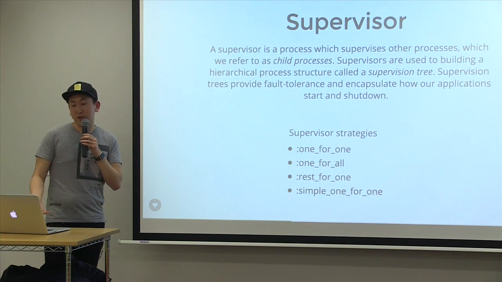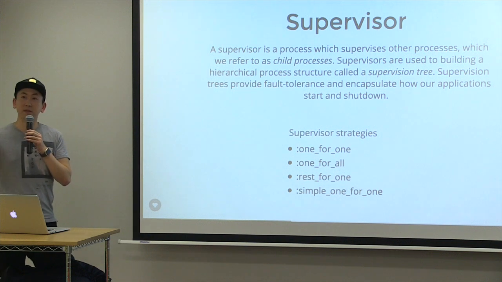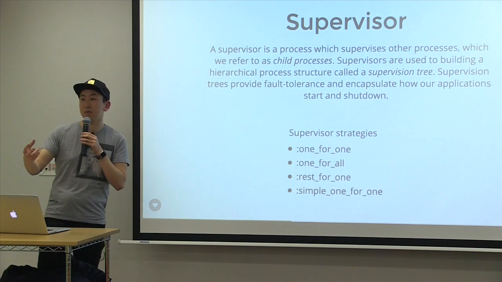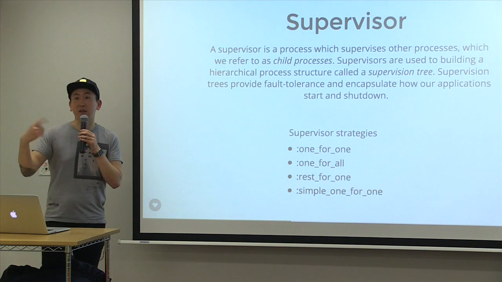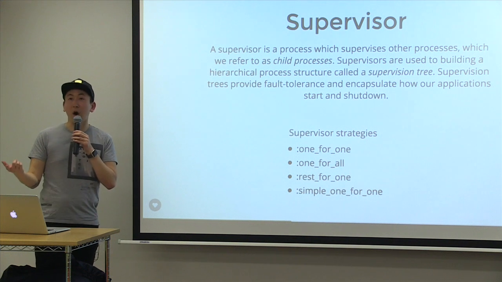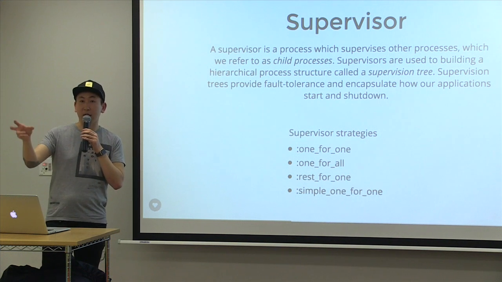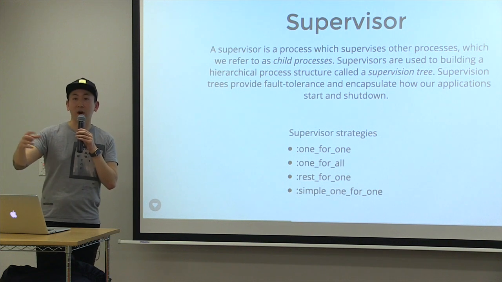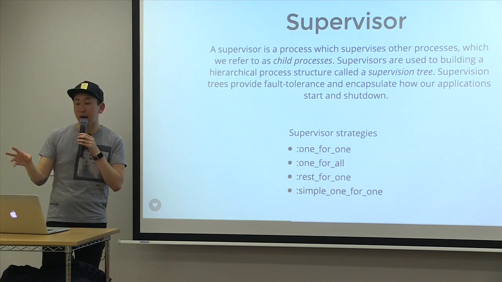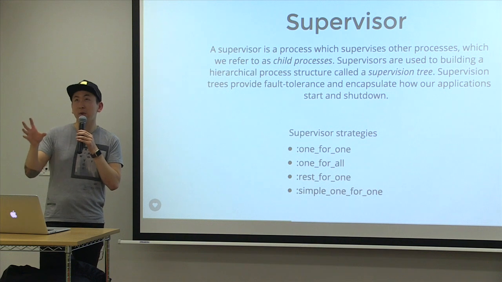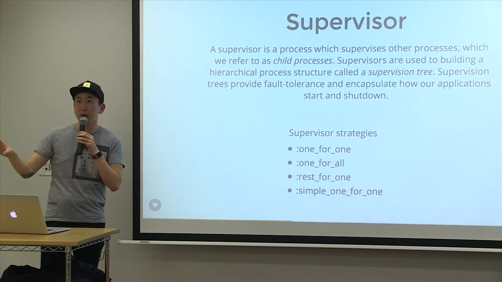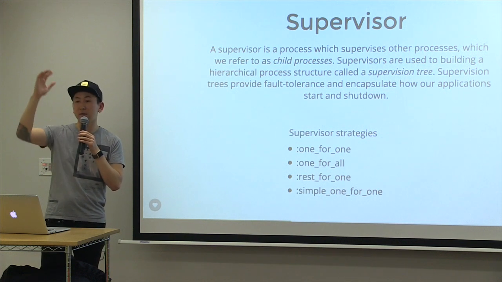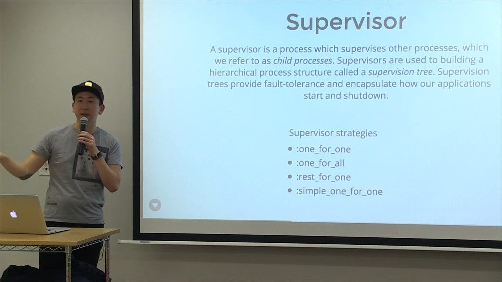So these are the supervisor strategies. One for one means if this process somehow crashed, you restart it. One for all means if one process crashed, you restart everything, the whole application, all the processes. And the rest for one: the supervisor builds a supervision tree. So it's like dependencies, one application might have many dependencies.